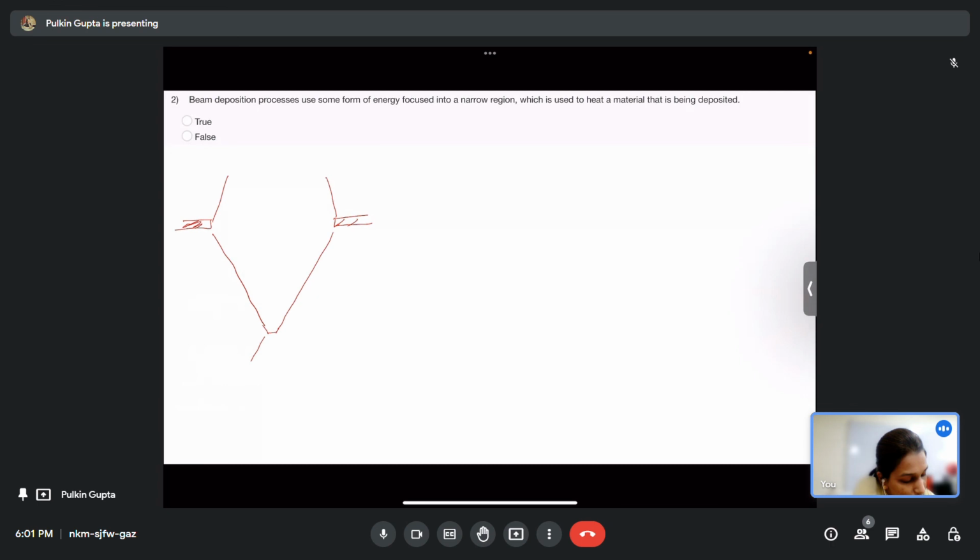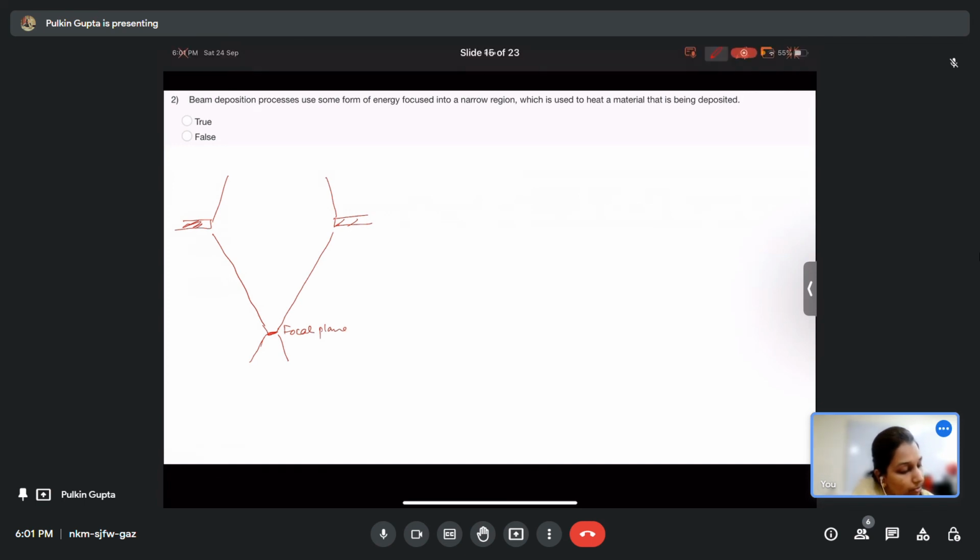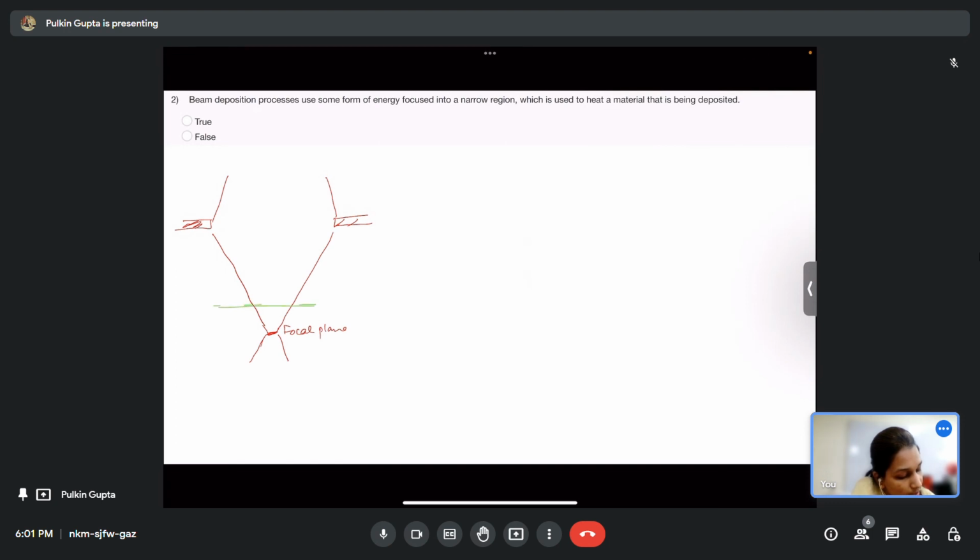Then this is your focal plane, and these are your buried region, this is your exposed region.